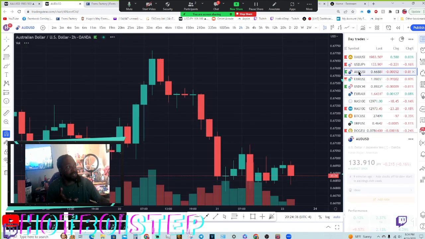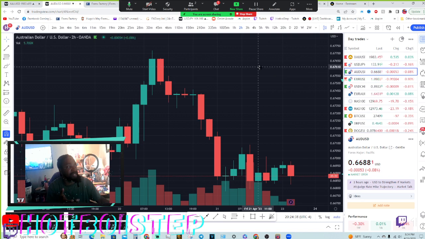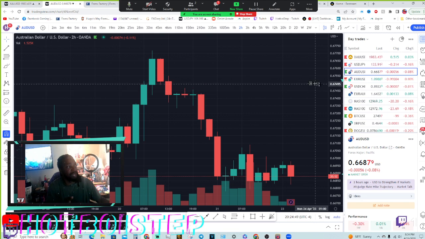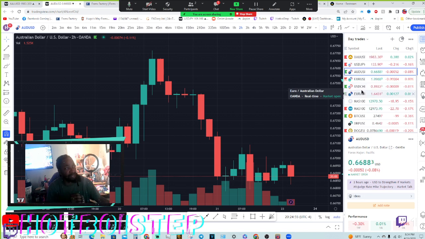And like the Australian dollar right now, AUD over USD, is basically saying one Australian dollar is 66% of one US dollar. And then all these different ratios are kind of about the same when you're looking at the US dollar. Like the euro versus the US dollar is 1.09.